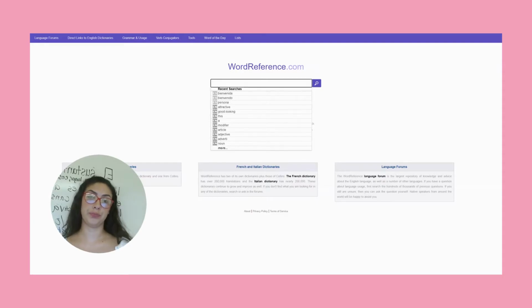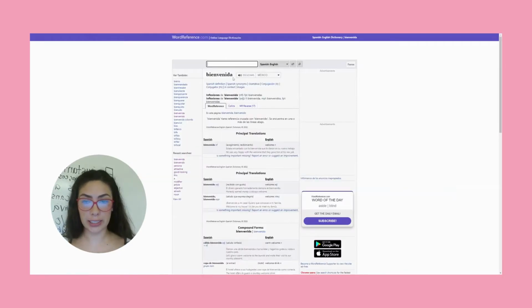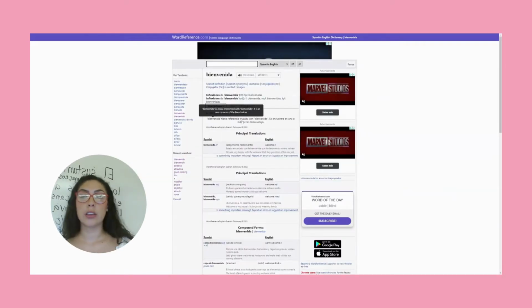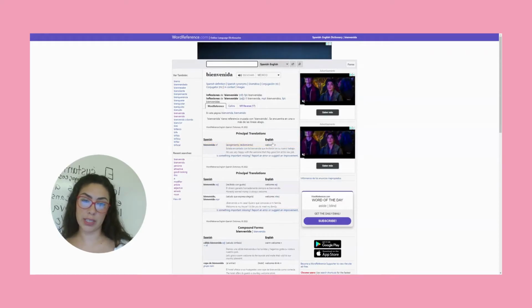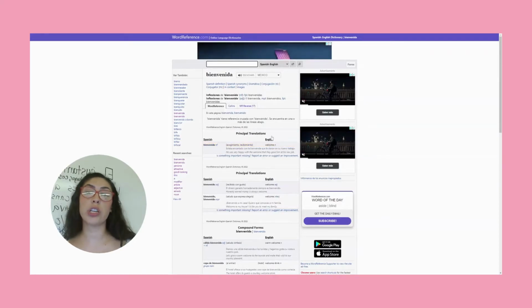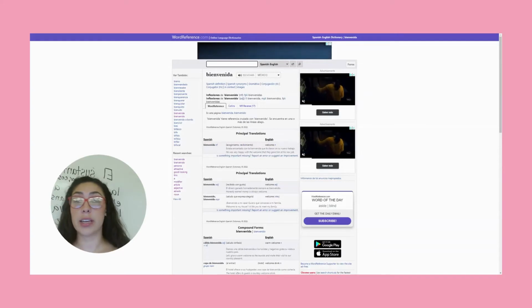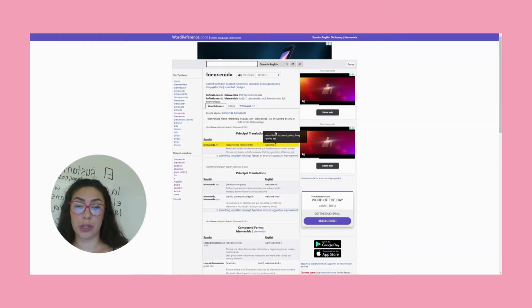So, for example, a recent search I did was bienvenida. Welcome, like we said, welcome. If you want to know whether any noun is going to be feminine or masculine, you toggle over these blue things over here, noun.